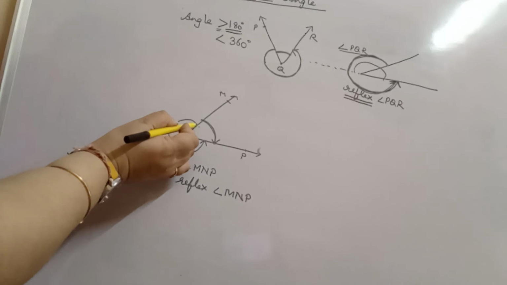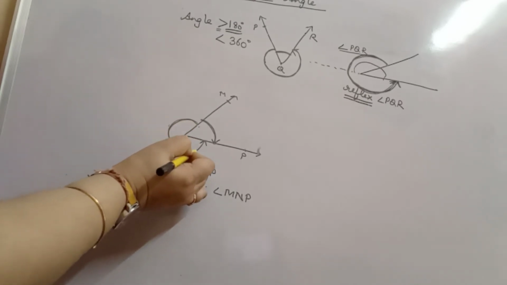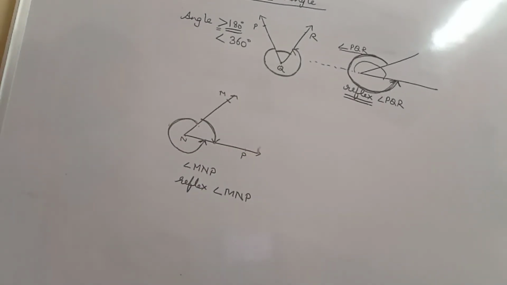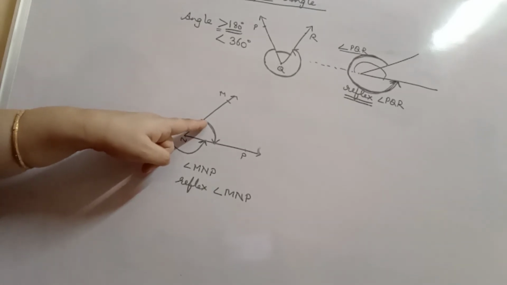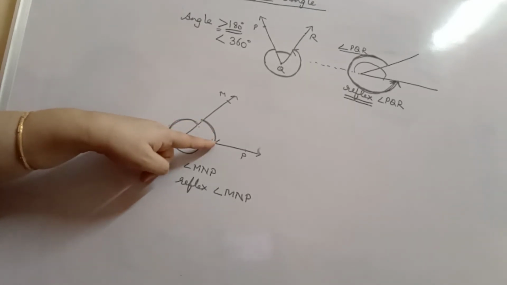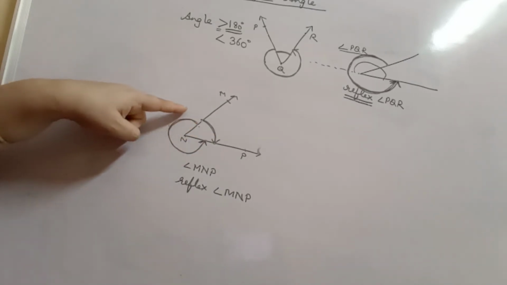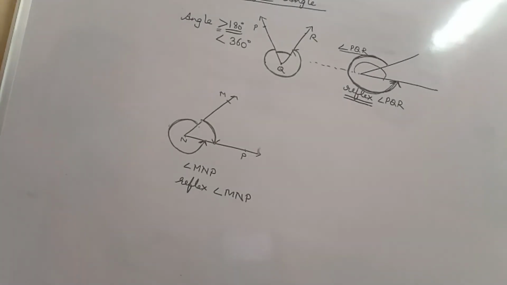What is reflex angle MNP? It is starting from MN and going till NP. So you can see here the difference. The internal angle is simple MNP, and the outer marking is the reflex MNP.